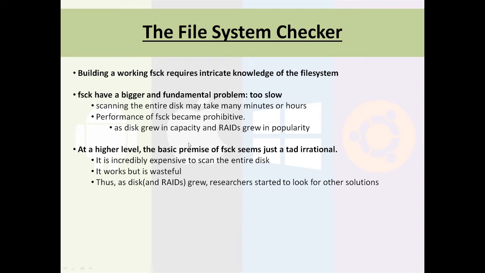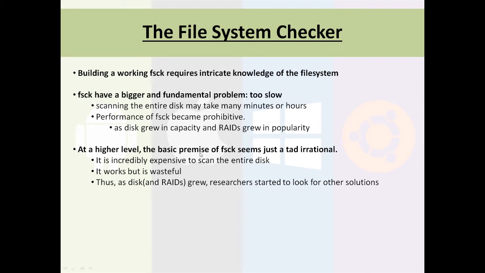So as you can see, there's a lot of things that it does. Building a working FSCheck requires some intricate knowledge of the file system itself, the underlying implementation. However, the file system checker has a bigger and more fundamental problem, and that is the fact that it is too slow, because it requires scanning the entire disk, and this may take many minutes or hours.